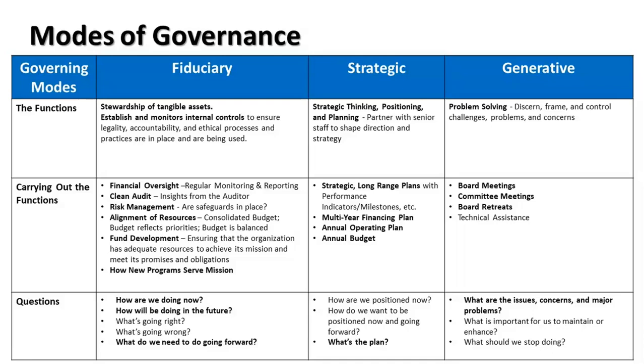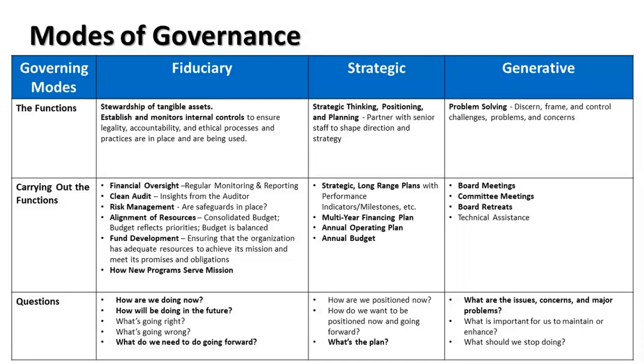Also, part of our fiduciary responsibility is ensuring that the organization has adequate resources to carry out its mission and to meet its promises and obligations, and that the programs that we put in place serve the mission. So some of the questions we're going to ask in our fiduciary mode are: how are we doing now? How will we be doing in the future? And what do we need to do going forward?